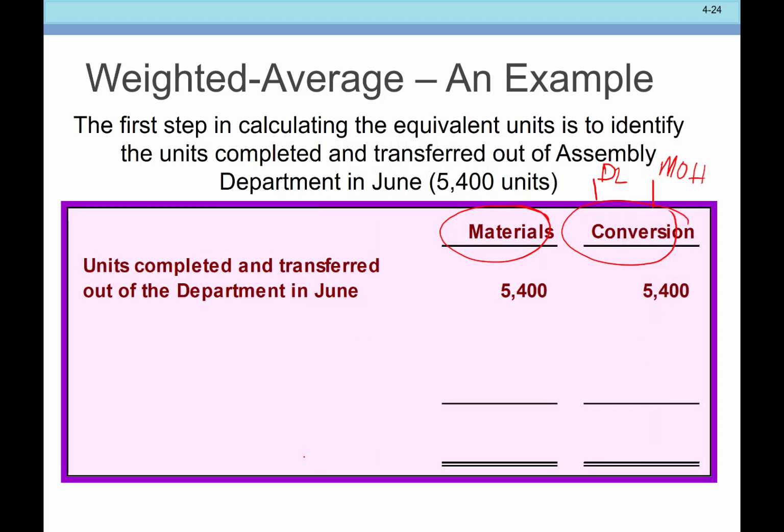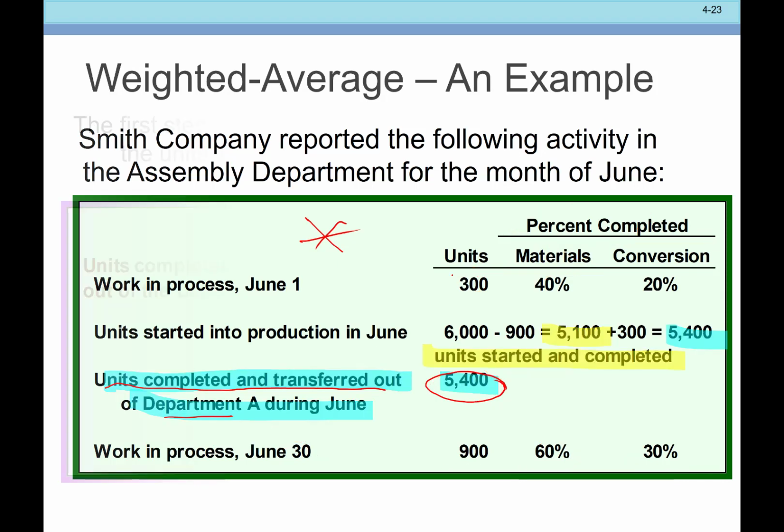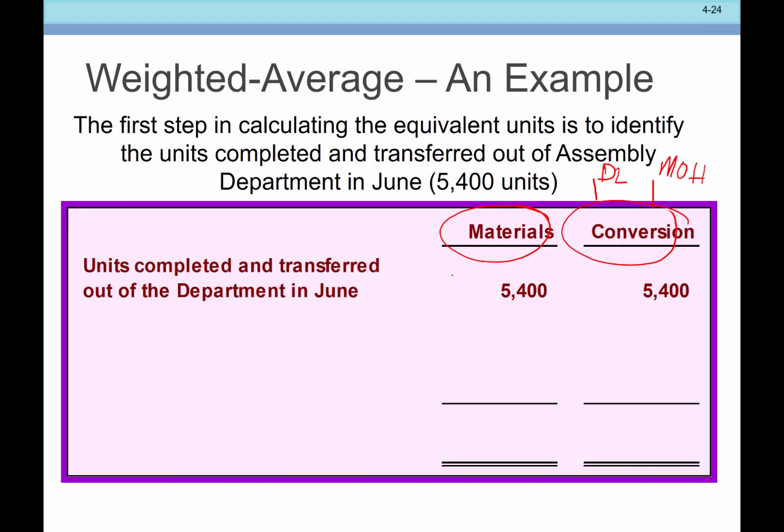Okay, good. So let's go ahead and figure out the equivalent units for that fact pattern. And notice they told me for the ending inventory was what? 60 and 30. Now notice for those units that were in progress at the beginning, because I started and completed 5,400 plus there was 300 that were already in progress at the start of the period, I give myself credit for all of that work, right?